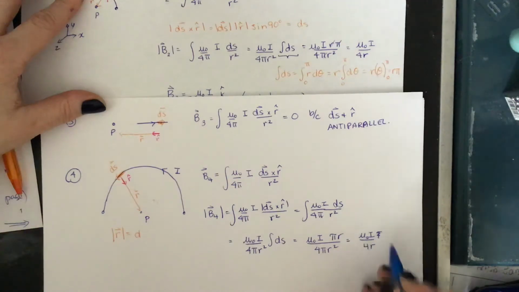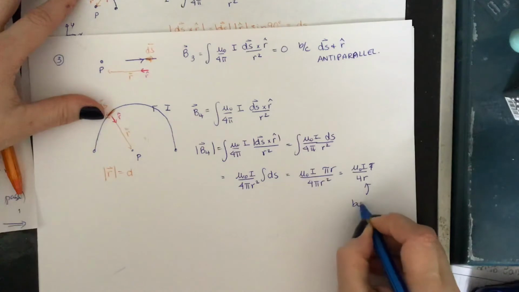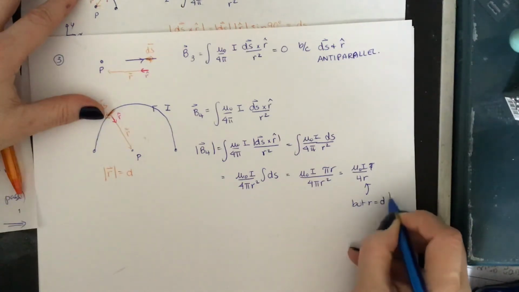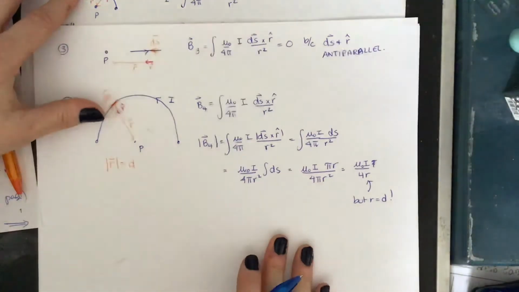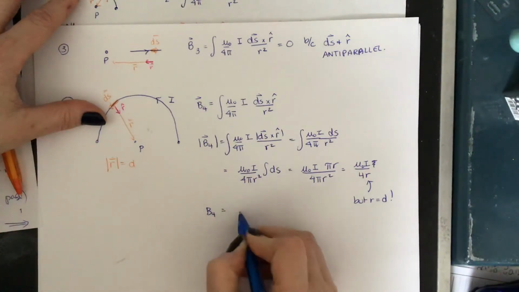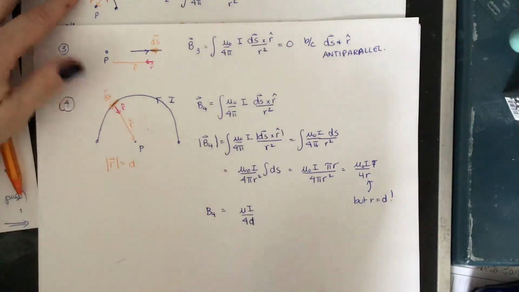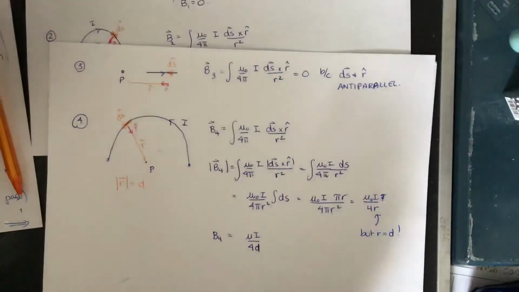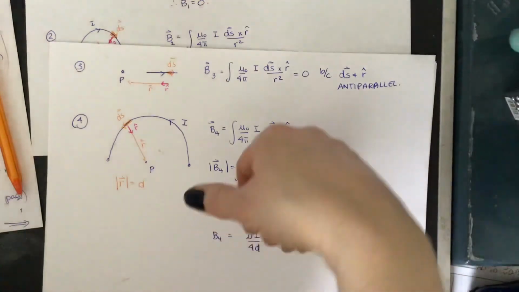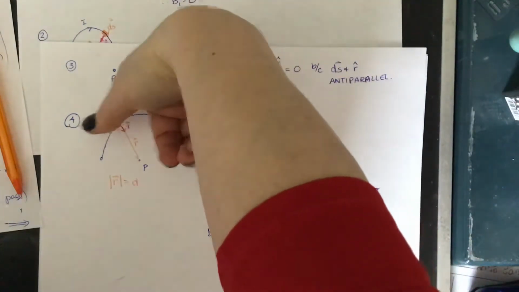So let's remember that r was written as d in the image of the problem. So B4 is mu naught I over 4 times d. So taking care of that notation. We also want to get the direction. If we use our right-hand rule where our thumb goes with current, our curled fingers come out of the page.